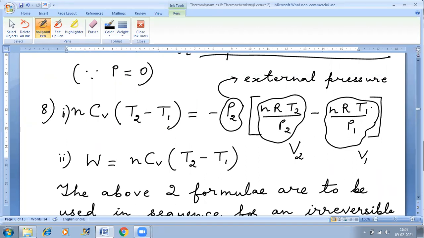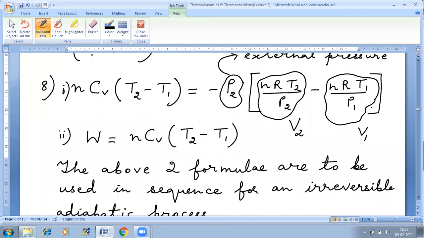Now, next case. If we have an irreversible adiabatic process, then we have to use these two formulae in sequence, one after the other.